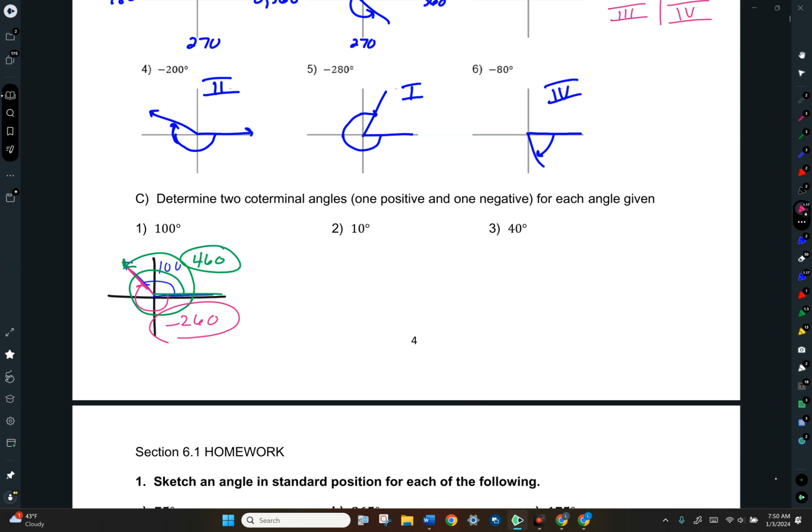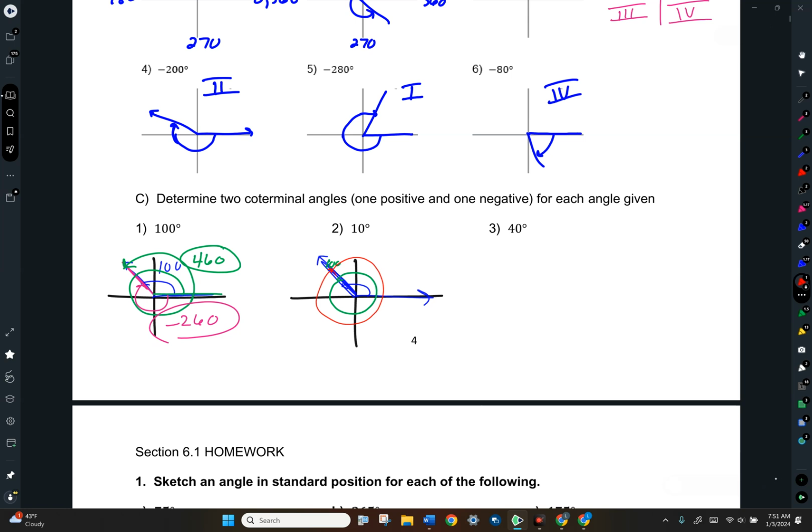But you really don't have to draw it out, because if I want to land at the same place, wouldn't that mean that from that spot, so let me go back to showing you the picture. Here I was at my initial 100 degree spot, right here. There's where I want to land. If I want to land at that same spot, then from that point, I can either go one full circle in the positive direction, or I could go one full circle in the negative direction.